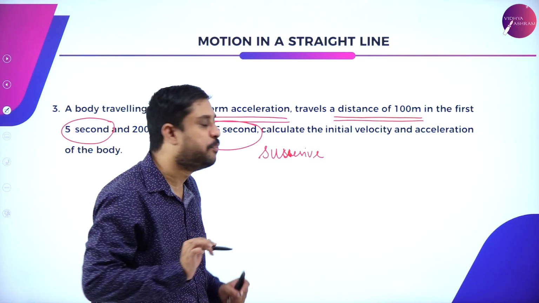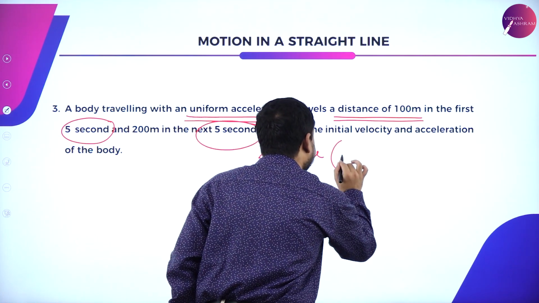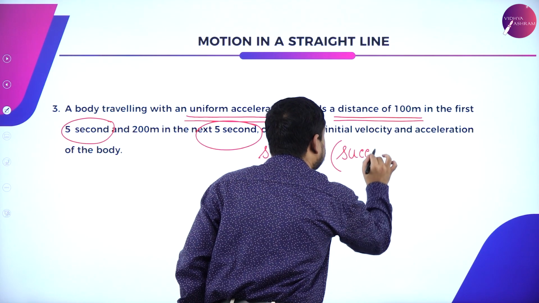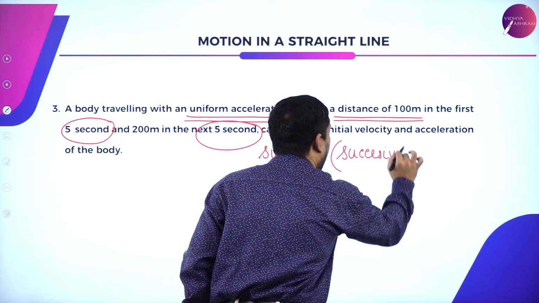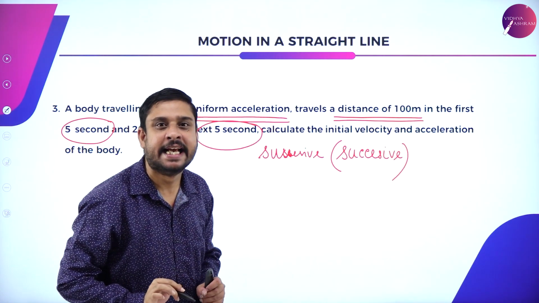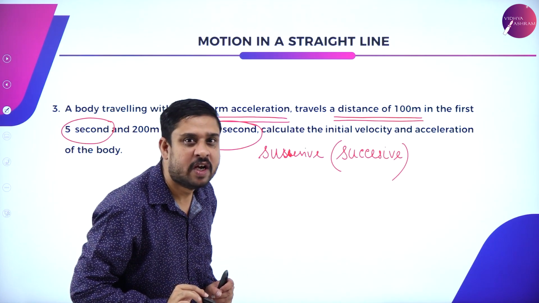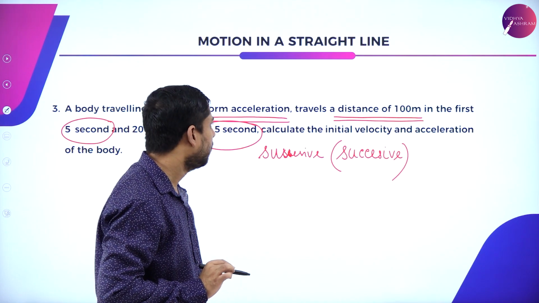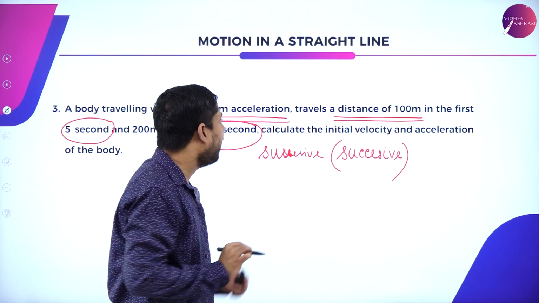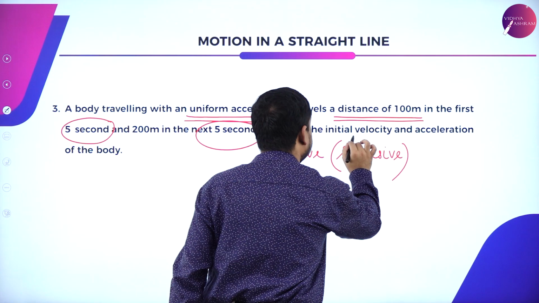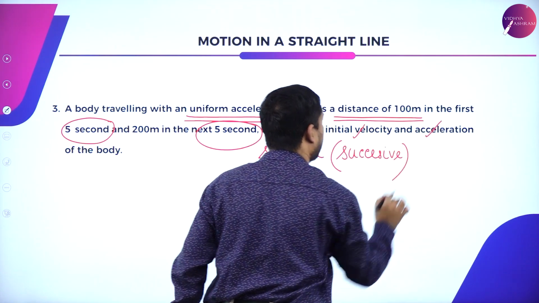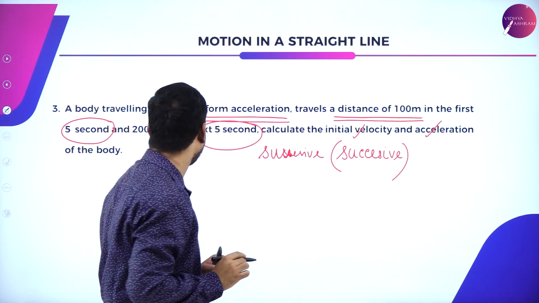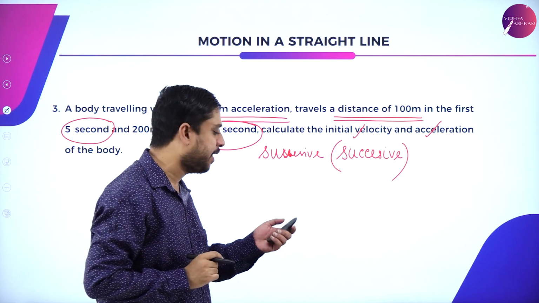Next 100 meters in next 5 seconds. That is what we call motion in successive intervals of time. Now, I have to calculate the initial velocity and acceleration of the body.